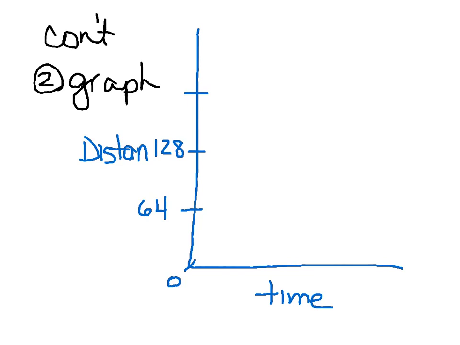So I'm going up by 64s because it's going to be easiest to graph. If you don't, no big deal. Estimate your dots. It'll be good. So 1 hour, 2 hours, 3 hours, because it's only for that time that he was in the car.